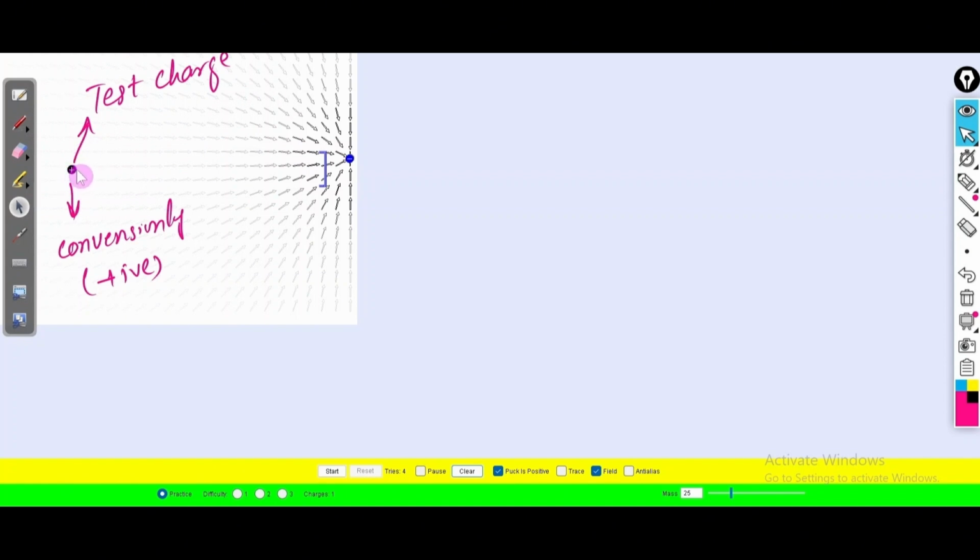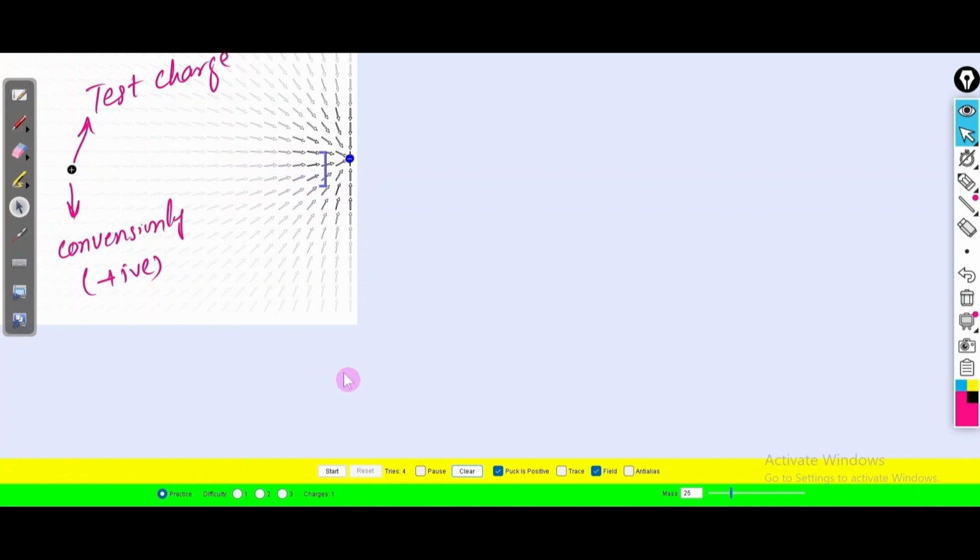Therefore there will be a force between these two charges. In this case, these two charges are unlike charges, meaning this is a positive charge and this is a negative charge, and hence there will be a force of attraction between these two charges.